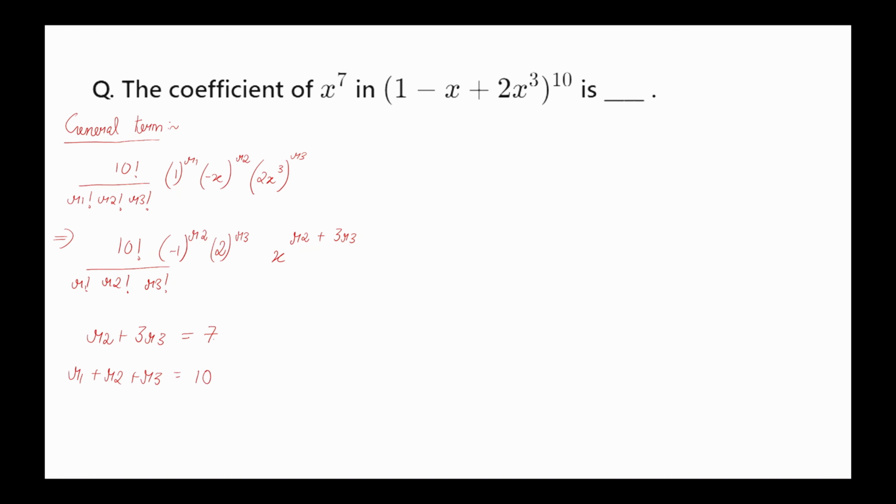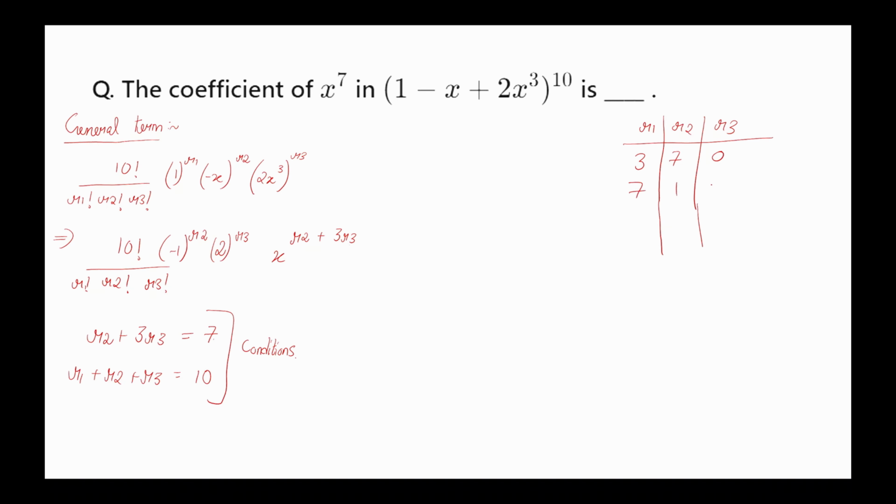So let me make the table and find out what are the values that are going to satisfy these two conditions. So r1, r2 and r3. What are the values now that can satisfy these two conditions here? These two conditions can be satisfied by, let's say, 3, 7 and 0, one of them can be this.